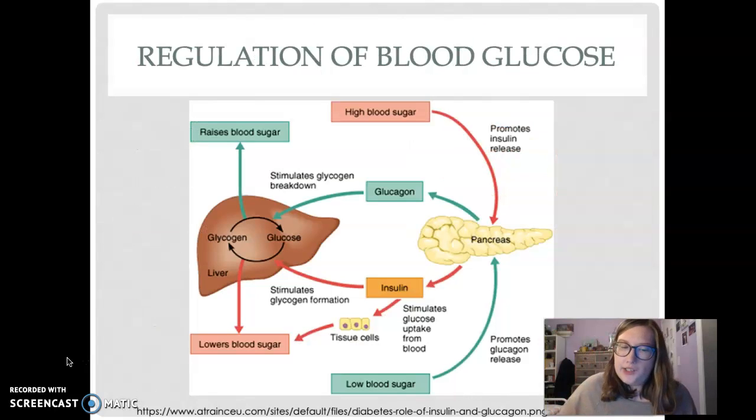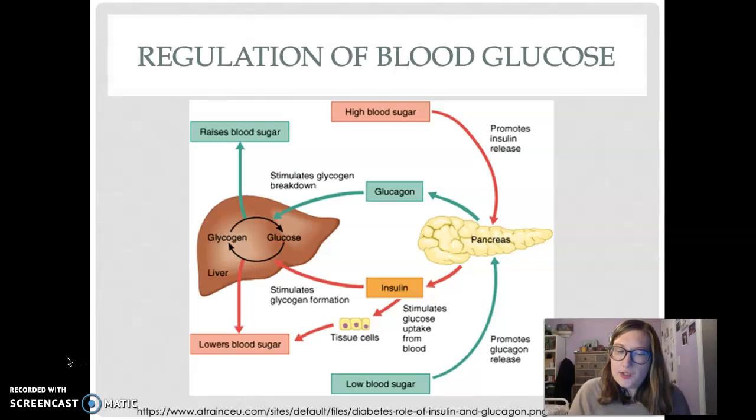This slide exhibits a diagram that I'm going to break down and explain in order to illustrate how the pancreas and liver work together to regulate blood glucose. Starting with the process of lowering high blood sugar, beta cells of the pancreas are stimulated to produce and release insulin into the bloodstream.